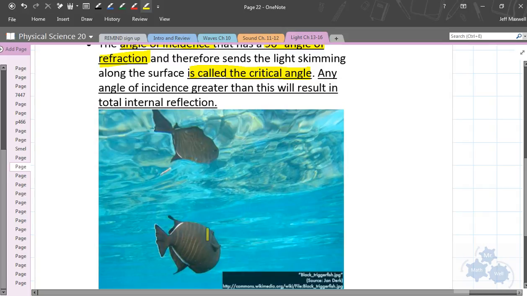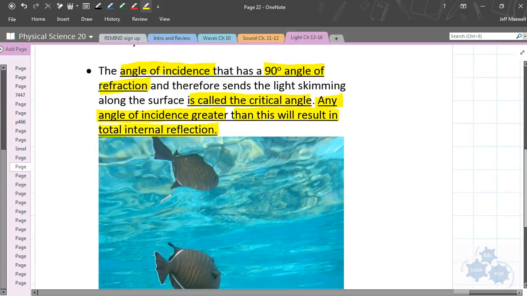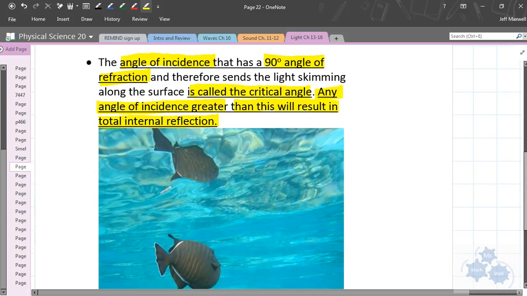Now, if this camera were turned and looking straight above, you could see what's above the pool. But at an angle, the light rays just bounce off within the medium. So any angle of incidence that's greater than this critical angle will result in total internal reflection. Okay, important sentences. Make sure you've got those written down there.